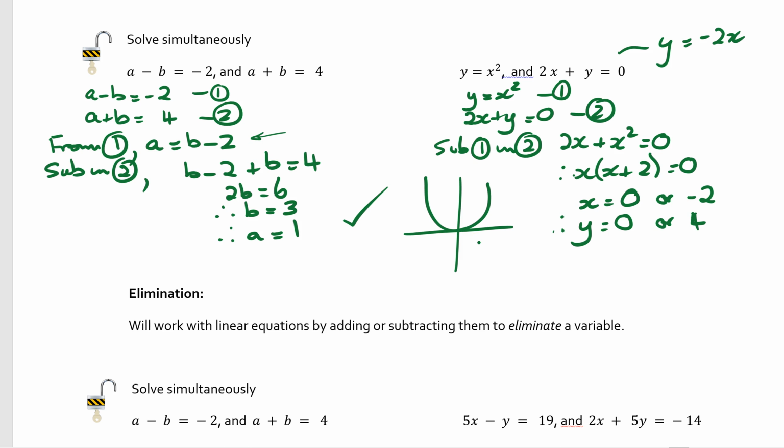So it looks vaguely, and most of my drawings are very vague, it looks like that. So here is my (0, 0), this pair of values, and over here is my (-2, 4), the other point of intersection of these curves. We didn't need that for this question, we just needed to solve, but that's the significance of it.